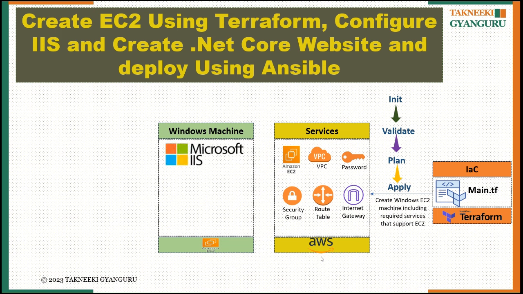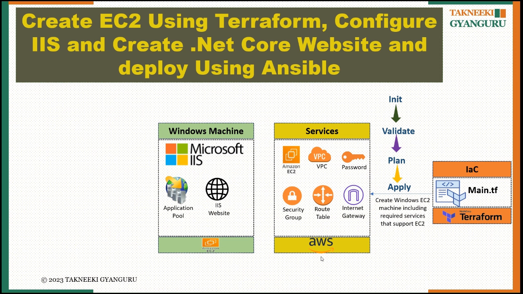Here in this EC2 machine, we will install or enable Microsoft IIS, and then we will create an application pool inside the IIS that will support our website, and then inside the IIS we will create an IIS website. In this website we will deploy our application, right?